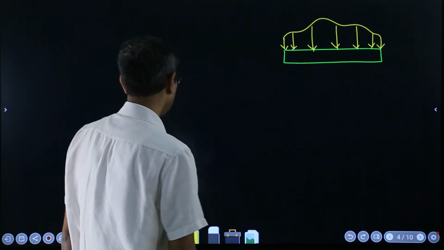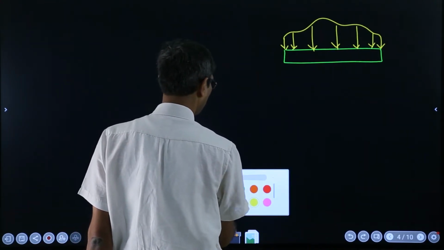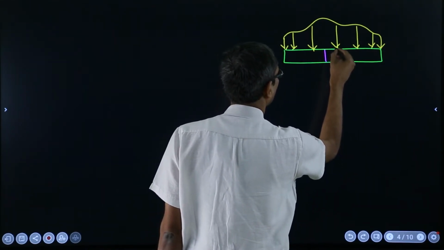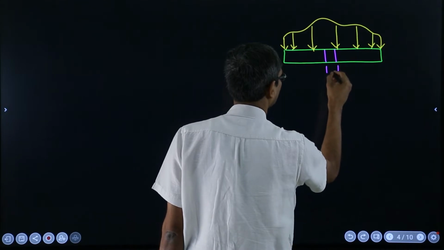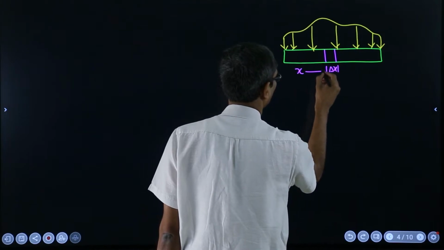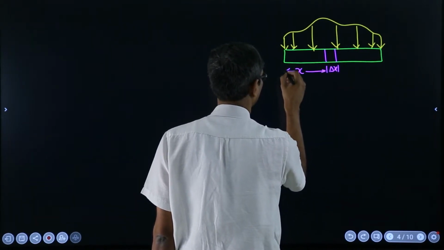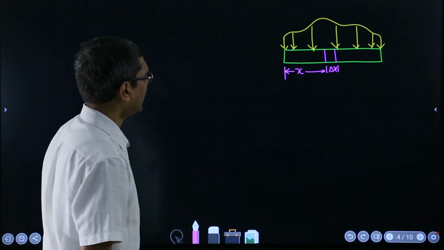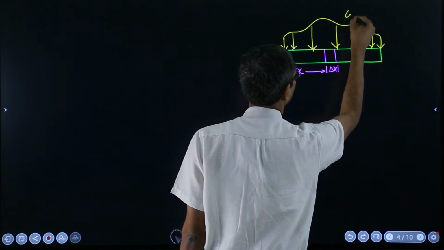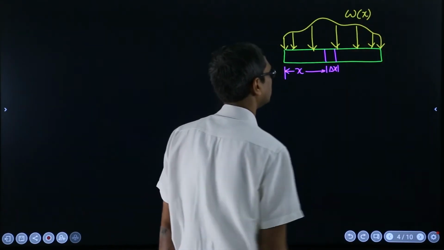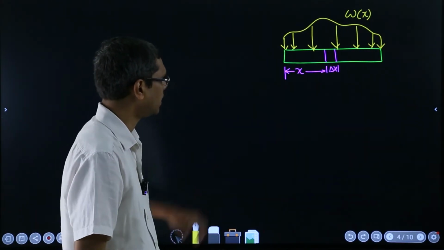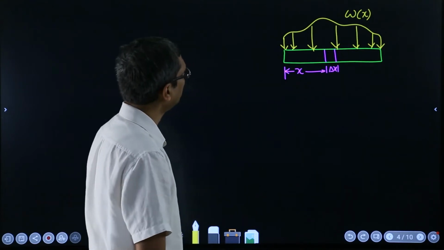To derive that relationship, let's pick a segment of length delta x at a distance of x from the beginning, from the origin. Suppose this weight distribution is a function w of x, in Newton per meter or similar, a linear density.